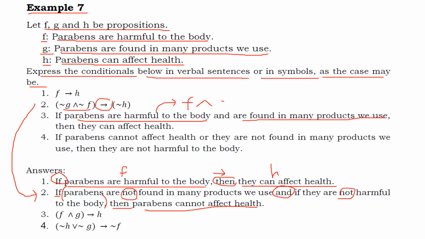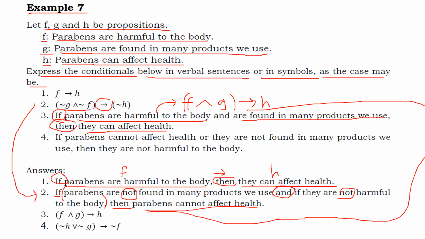That will be your G. Now applying your conditional, we use this symbol because there is an if and then here. So we apply this symbol, then they can affect health from your proposition H. There's no application of negation here, so we simply put H here. That's why it becomes this as your answer.